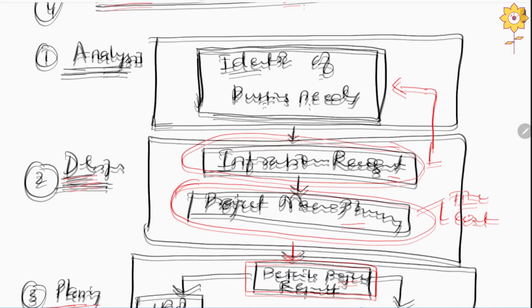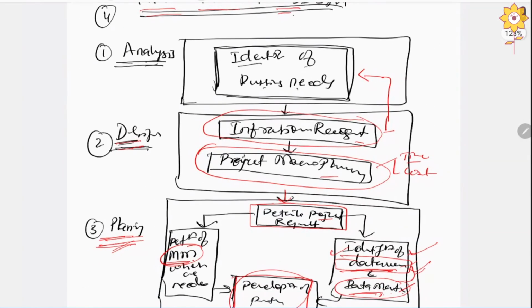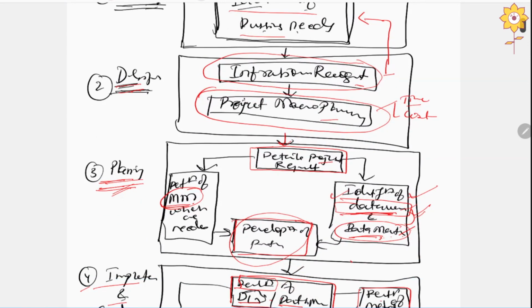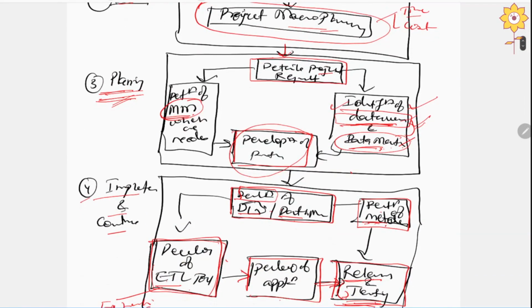So these are the basic steps that are involved in development of a BI system. In this session we covered that there are 4 different phases involved. Analysis, where in short we identify the requirements of the business. Design, where we identify the infrastructure that is required, and also do the macro planning of the project. In planning phase, we figure out the detailed requirements of the project, which include mathematical models, identification of data warehouses, and so on.